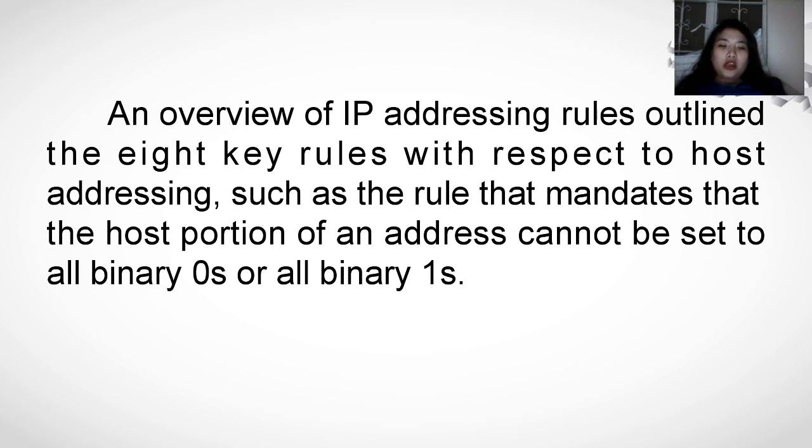The concept and purpose of a subnet mask was introduced, including its relationship to the IP address in defining the split between the network and host portion of an address. Default subnet mask values, and when they are used, were also examined.